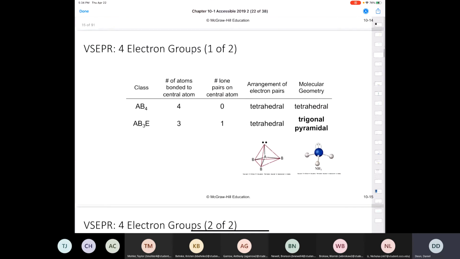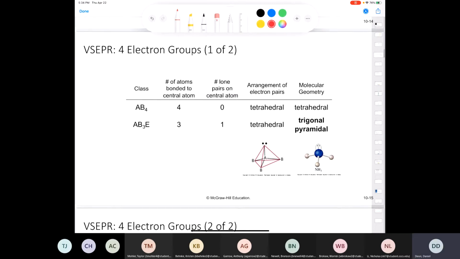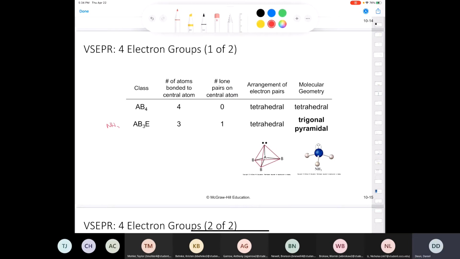If you have three atoms attached to your central atom and one lone pair, an example of this would be ammonia. An example of AB4 would be methane. Then you still have a tetrahedral electron geometry, but the molecular geometry, again, only considers the bonds, and you have something that's trigonal pyramidal.